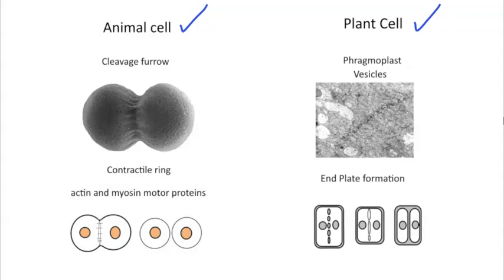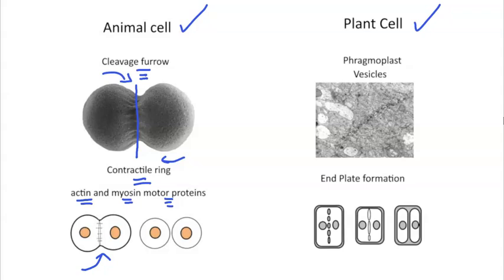The former shows that the two cells, as I'm trying to show in my diagram here, form what is known as a cleavage furrow. A contractile ring of proteins forms around the equator of the two cells, diagrammatically shown here, and that contractile ring is formed from actin and myosin proteins, along with what are called motor proteins.